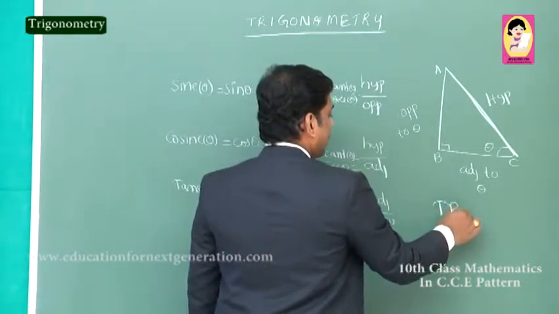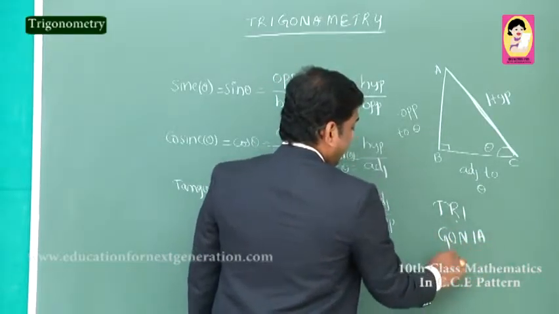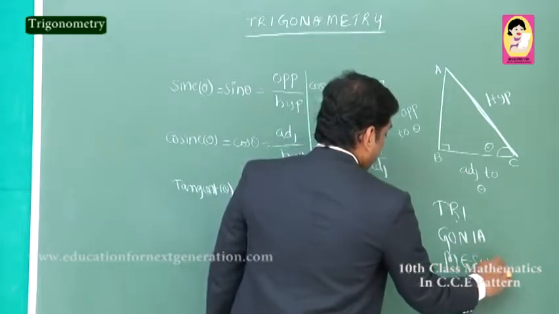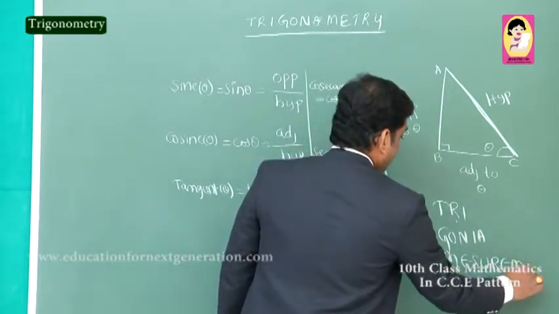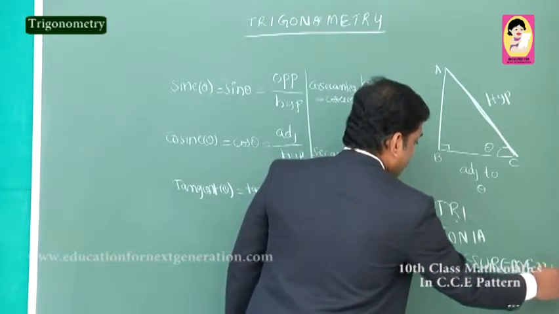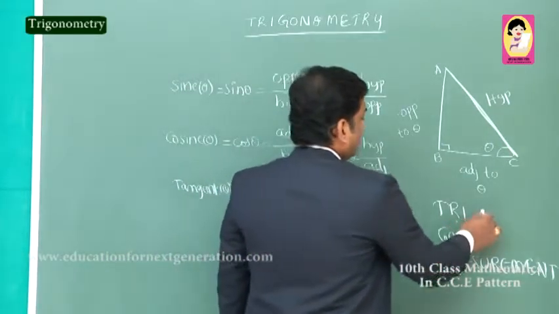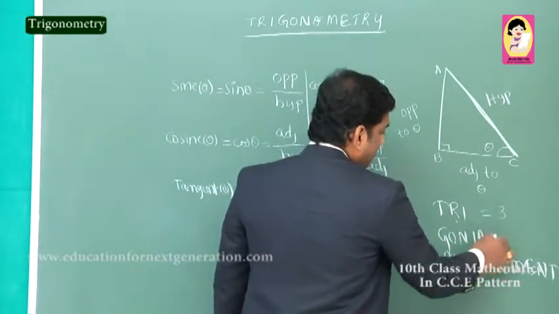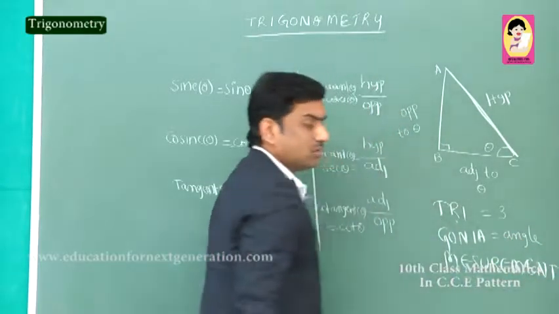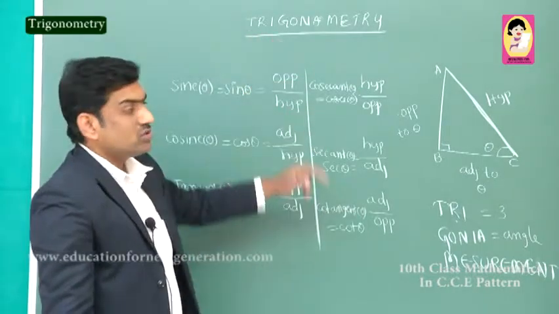Trigonometry is nothing but tri, gonia, and metry, where metry is nothing but measurement. This word is taken from the Greek language. What is the meaning of tri here? Tri is nothing but 3. Gonia is nothing but angle. Metry is nothing but measurement. Three angle measurement is called trigonometry.